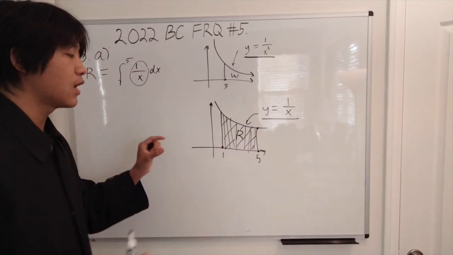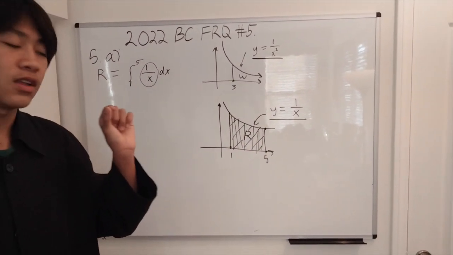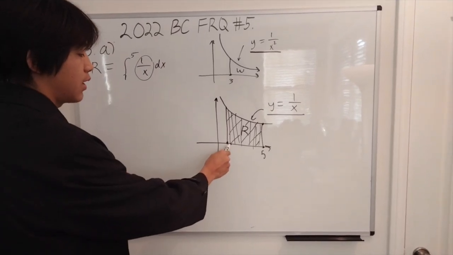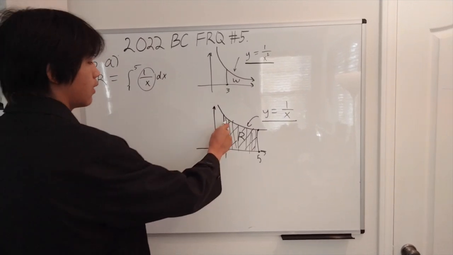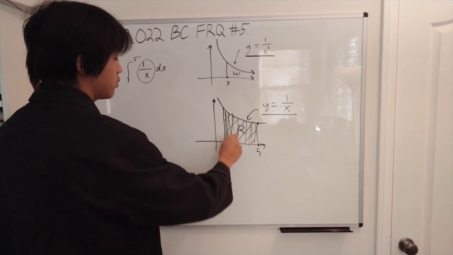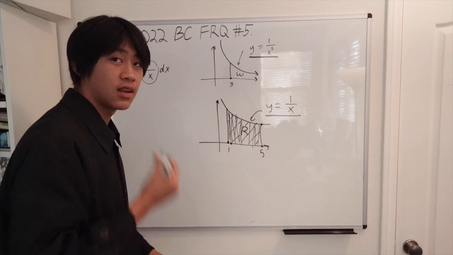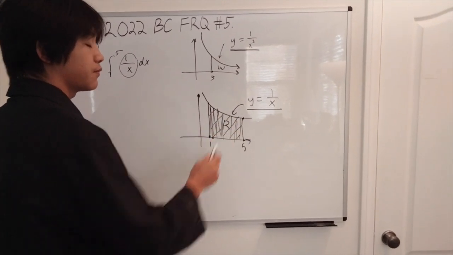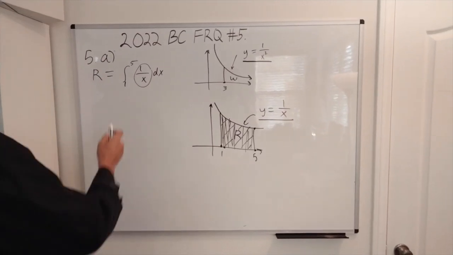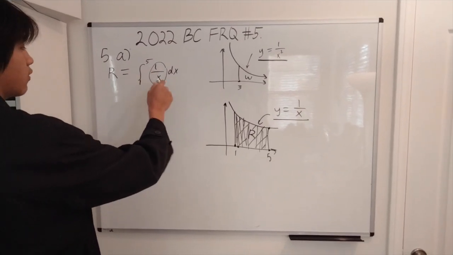And each time we add it, we're multiplying it by an infinitely small x. So we end up adding all of these and multiplying by an infinitely small x an infinite amount of times, and we get this area under the curve. So, an integral of 1 over x.